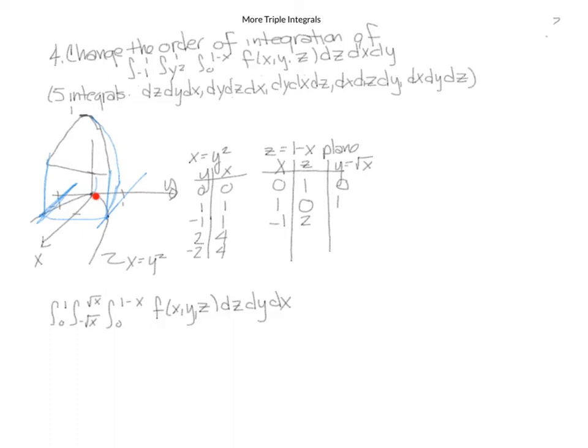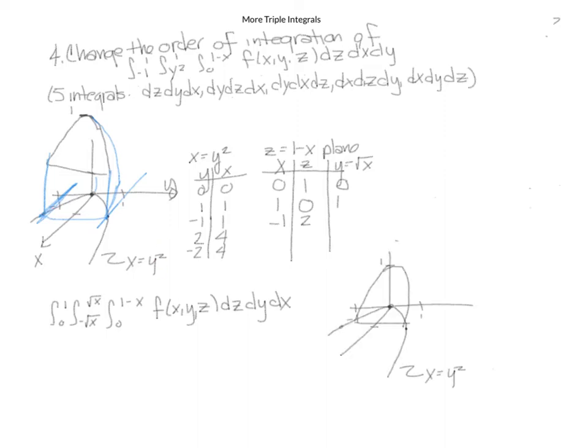Here's the line x equals 1. So from the edge of this curve to x equals 1, until they meet over here. And where do they meet? They meet at y equals negative 1 to 1. And you can plug in the point x equals 1, and that's this point here. You can plug in x equals minus 1 here, and that gives you this point here.